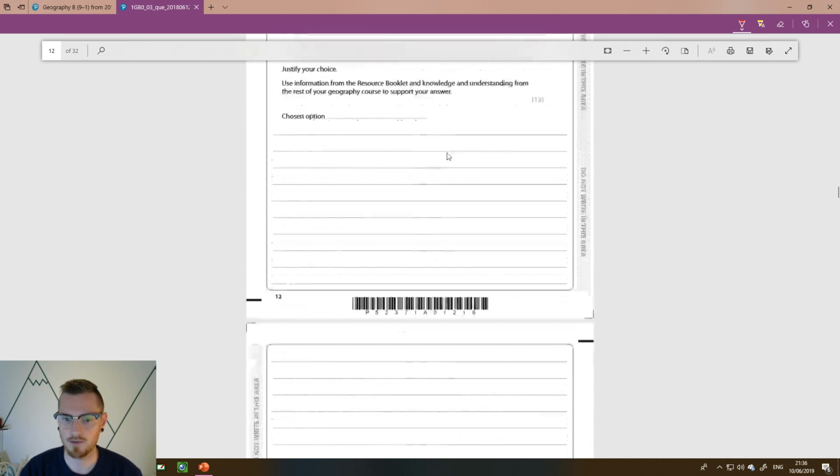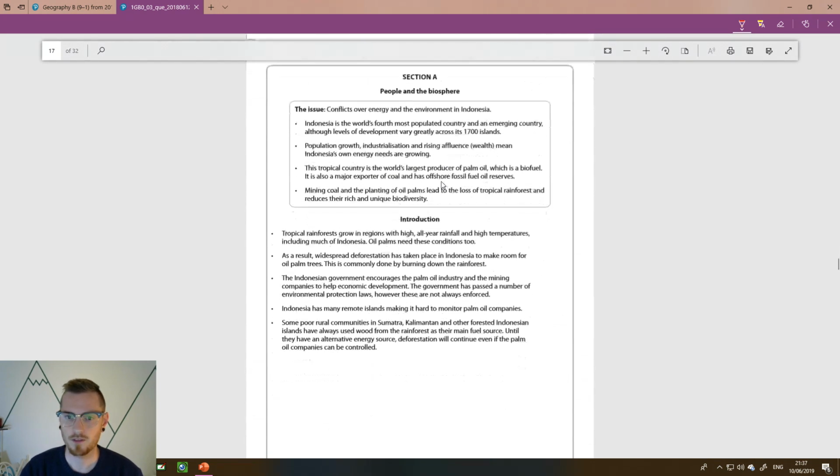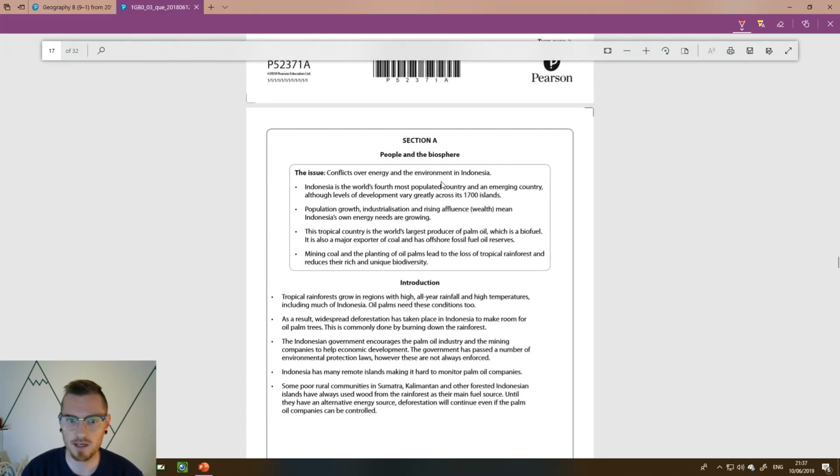And if I scroll down to the resource booklet, the very first thing it tells me is what the issue is, okay? And we can see the issue is conflict over energy and the environment in Indonesia, okay? Remember, it's always going to be surrounded by people and the environment, okay? And it's bullet pointing me the core issue in 4 bullet points.